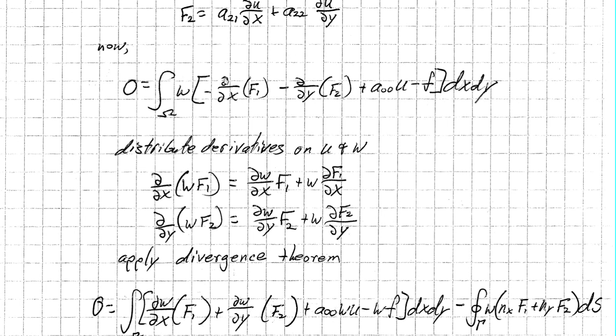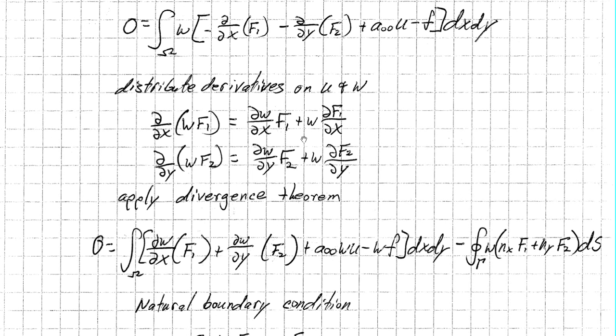So our goal is to reduce the derivatives, modify the derivatives on these two terms, and apply the derivative over W. So given this identity, a product rule gives you these two equations. So instead we can substitute in these relations, and using the divergence theorem we're left with this, right?